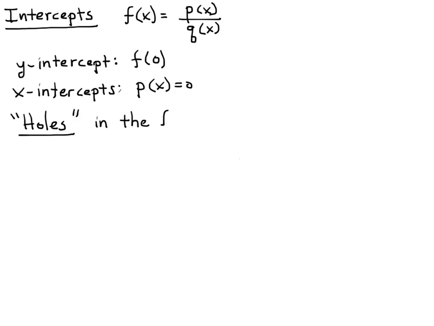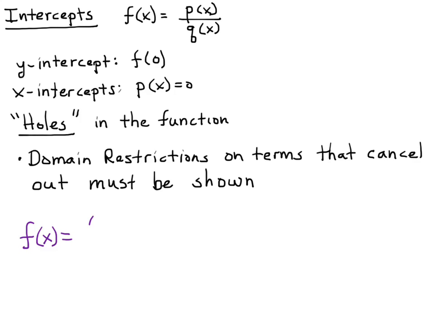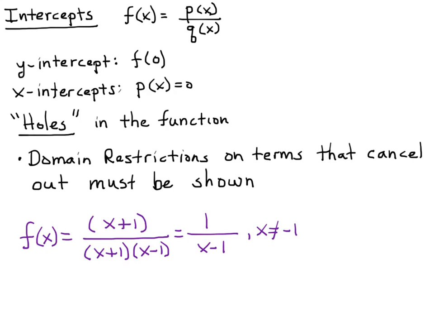Now we're also going to have something that we haven't seen too much of before, these holes in the function, what I call holes, because we're going to actually draw a little hole. These happen when we have a domain restriction, and the domain restrictions in these rational functions will come from simplifying functions. Like let's say we have this function, x plus 1 over x plus 1 times x minus 1.